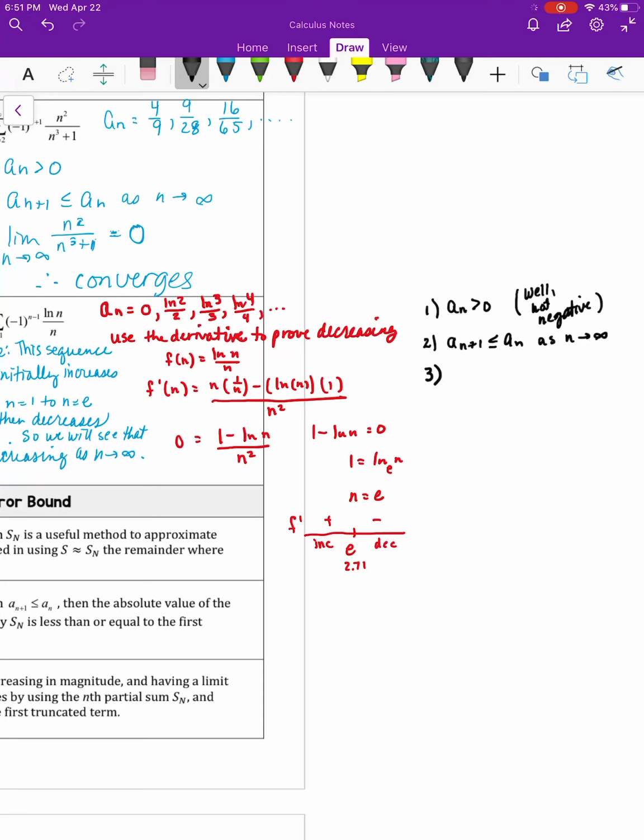Number 2, a sub n plus 1 is less than or equal to a sub n as n goes to infinity. So that needs to be stated as n goes to infinity, because it's actually not always less than or equal to.